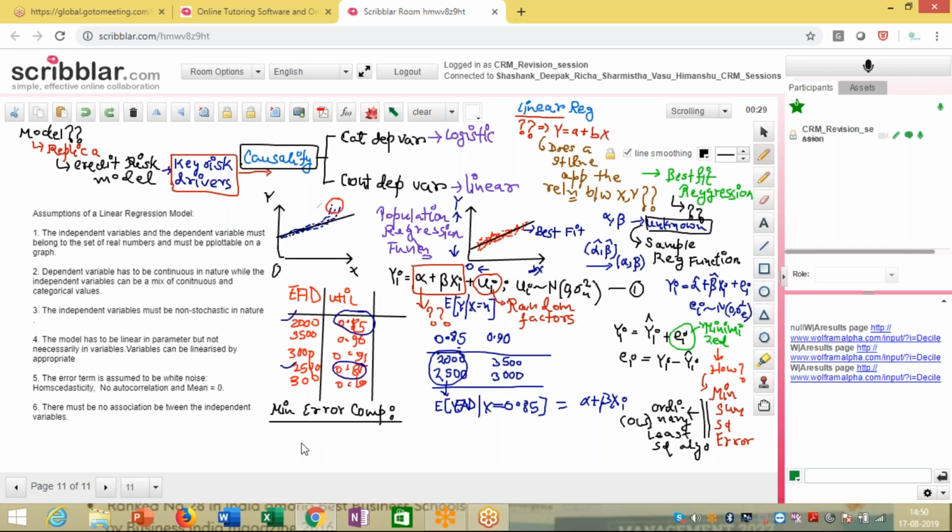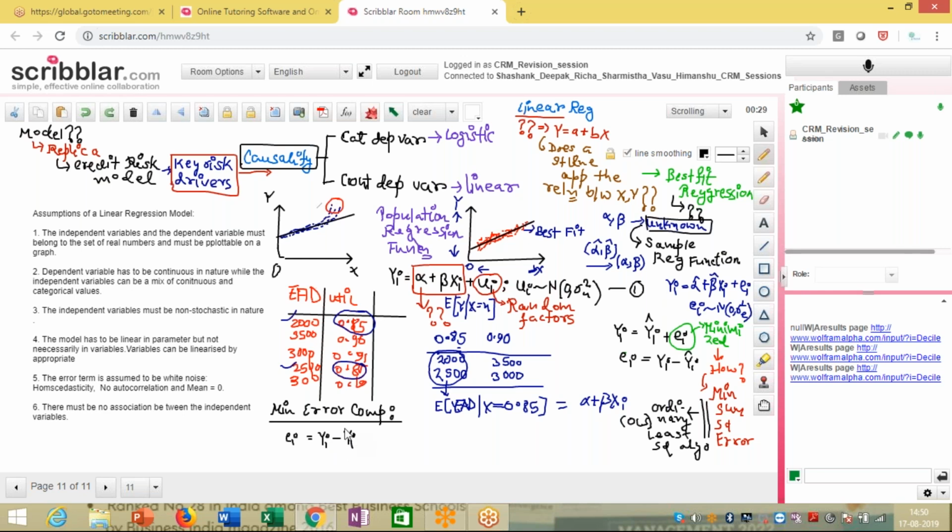So the way we would look at it is, the error is nothing but the observed value of yi minus the predicted value of yi.